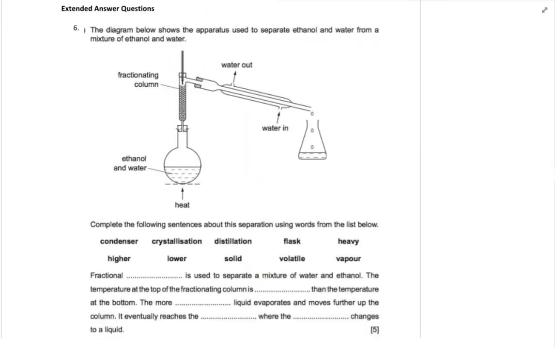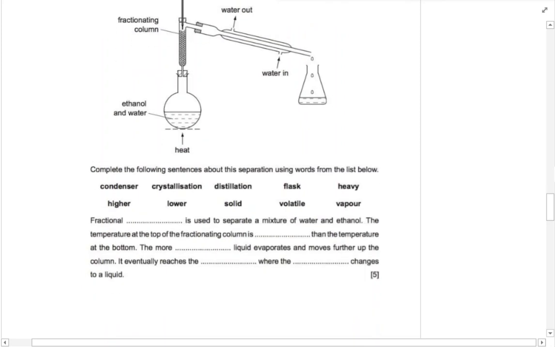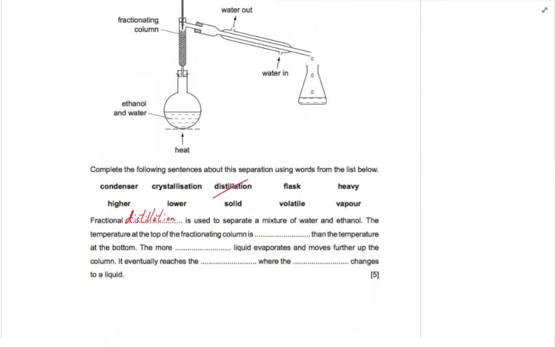Question 6. The diagram shows separation of ethanol and water using fractional distillation. So your first one would be distillation. Fractional distillation is used to separate a mixture of alcohol and water. The temperature at the top of the fractionating column is lower than the temperature at the bottom.